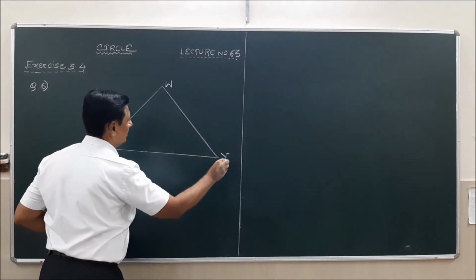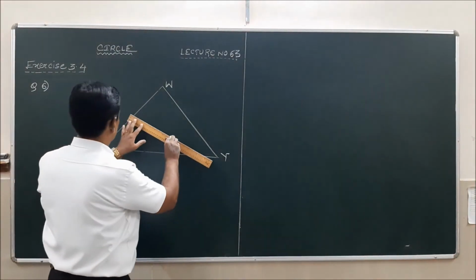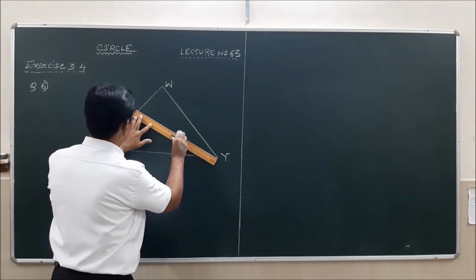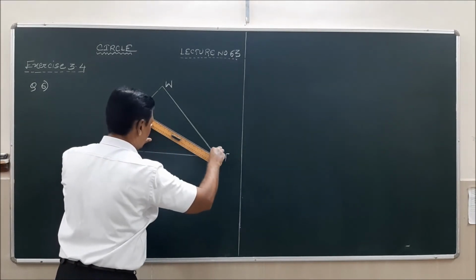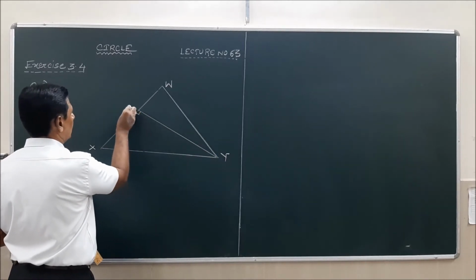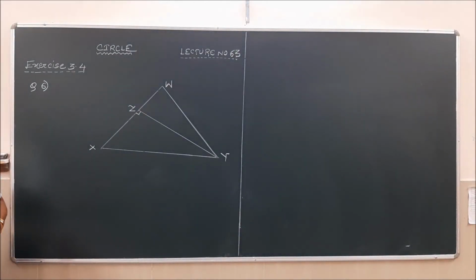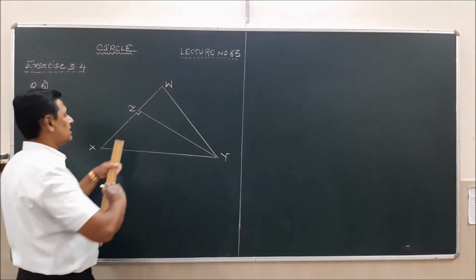WXY is a triangle, and from points Y and X, YZ is drawn perpendicular, and from point X, XT is drawn perpendicular.